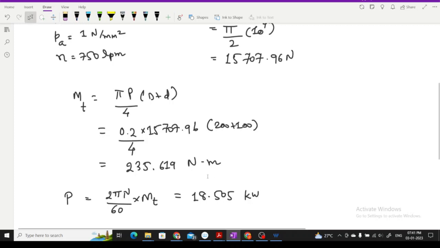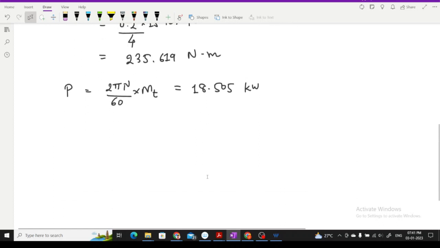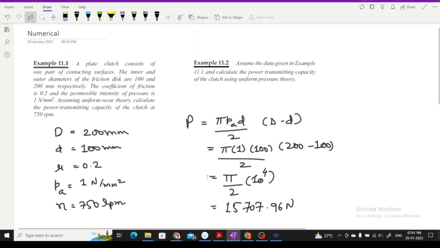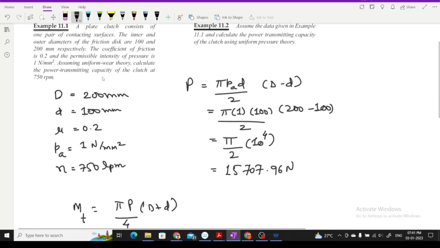Sorry, uniform pressure theory. This is for uniform wear theory, as you can see here.